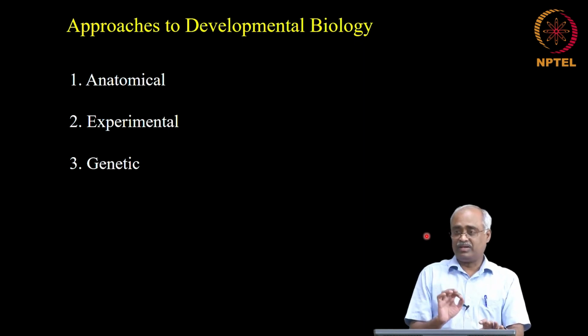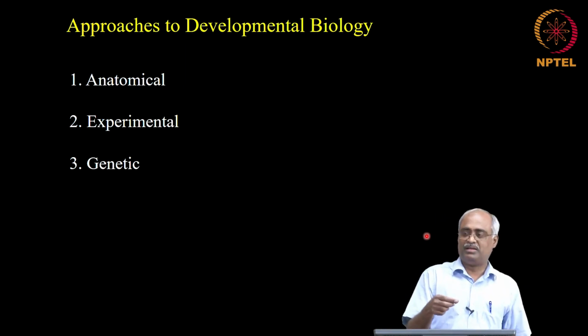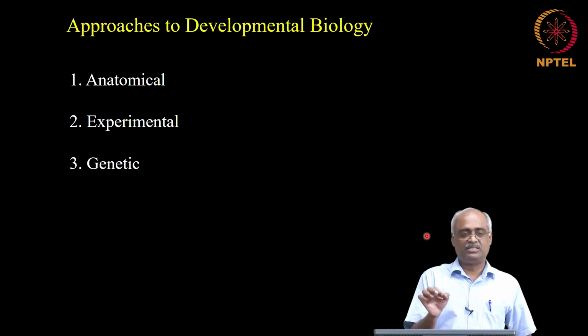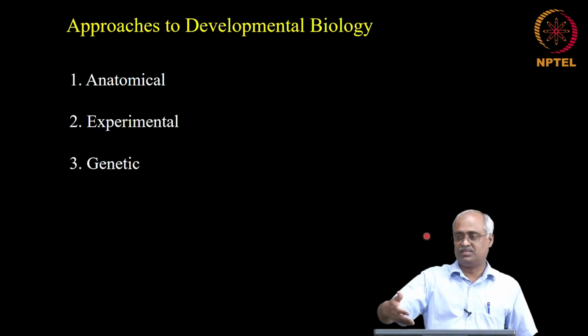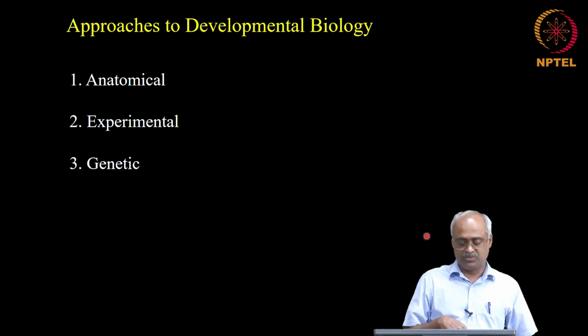This does not mean I am talking only history, currently also it is very important. Like for example, when you are going to define a particular developmental defect at a single cell resolution, you are actually expanding that anatomical observation. So, it is there intertwined with the modern day approaches.